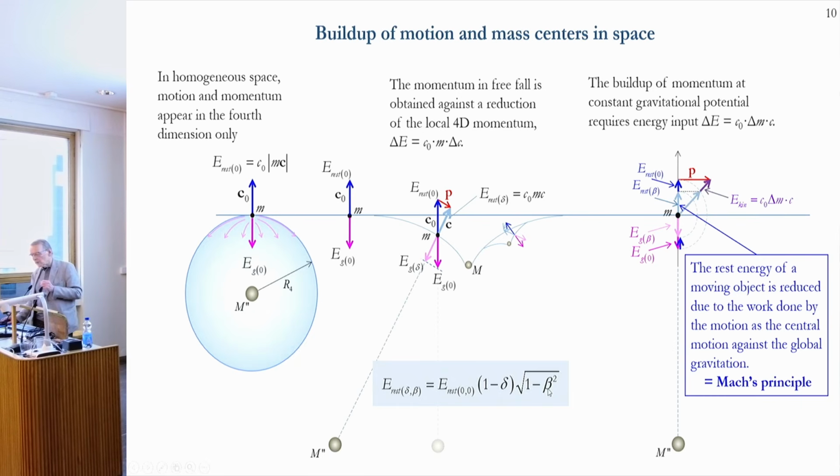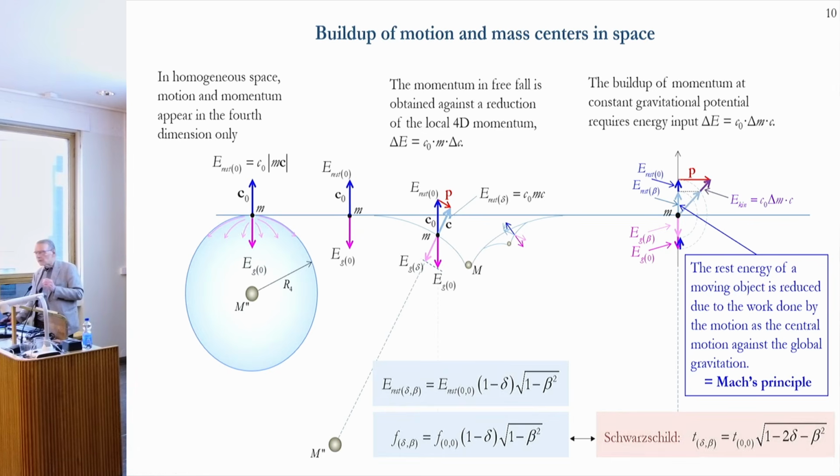And we can find out that also the frequency of atomic clocks follow the same. And it means that we have this kind of formula for atomic clocks, which has both gravitational factor and velocity factor, which can be related to Schwarzschild solution, which has these two factors under the same square root here.